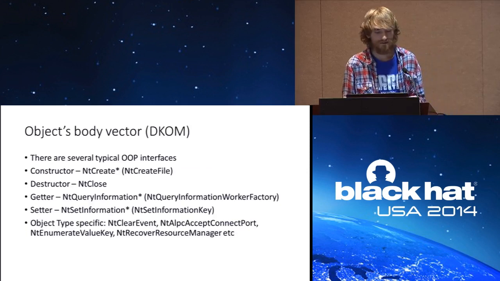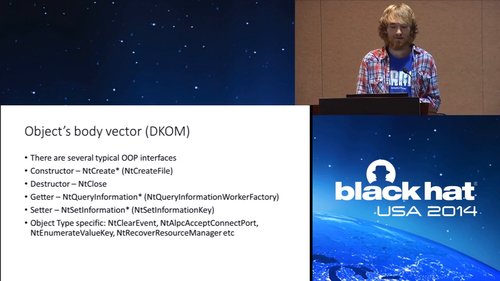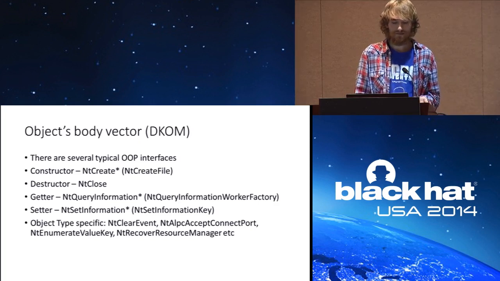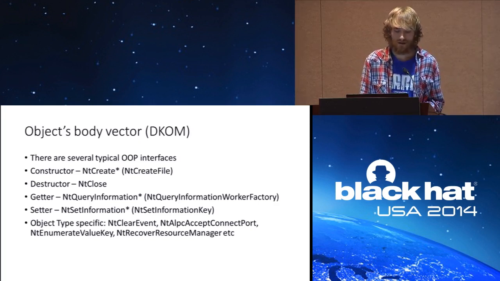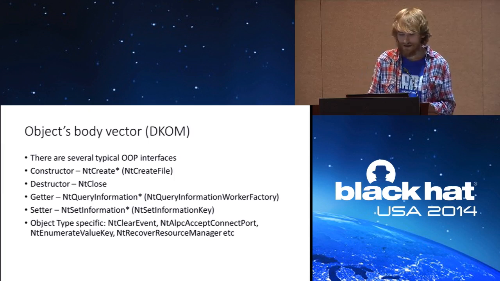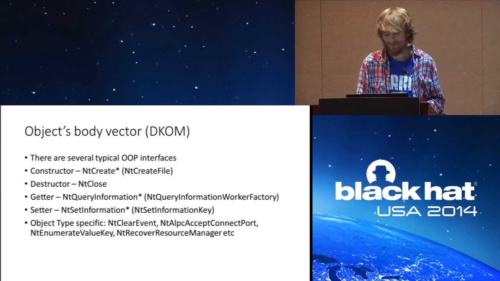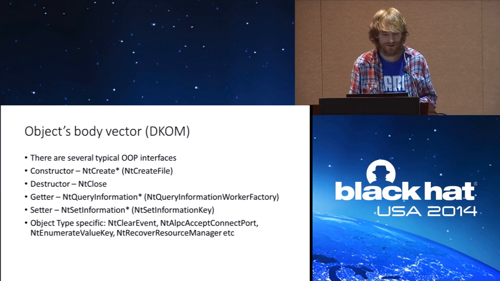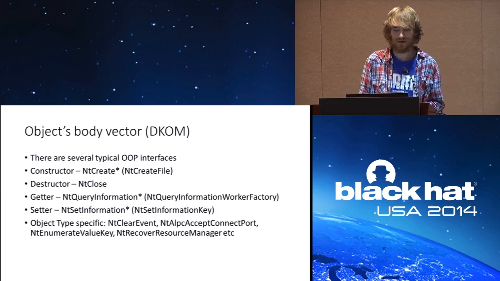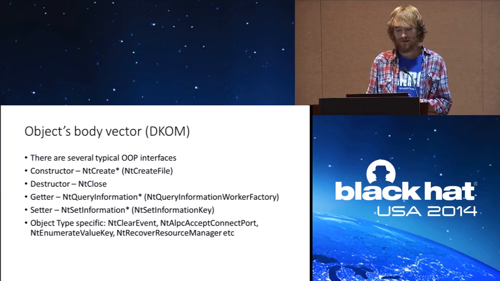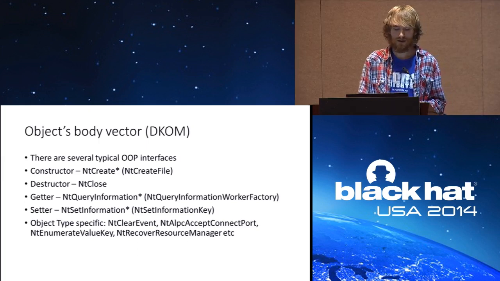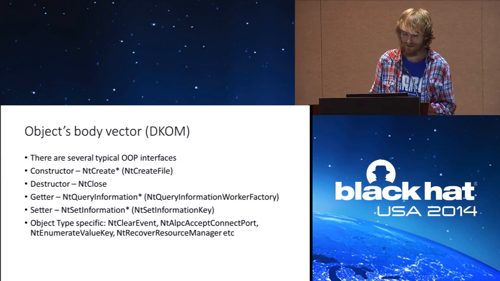Also, objects have typical OOP interfaces. For example, the constructor, like create file, create event, create semaphore. The destructor is one, it's just close handle or NtClose. There are also getter and setter, and a lot of type-specific system services.